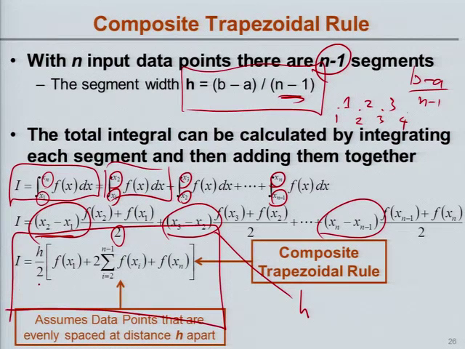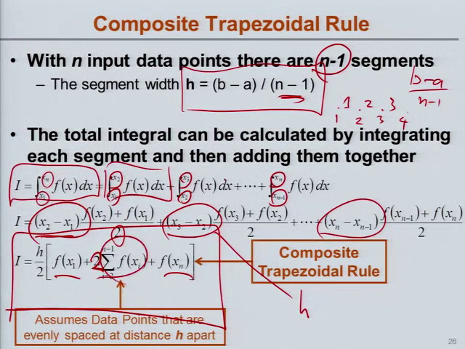The trapezoidal rule estimate of an integral where we have n points, and h is the step size, which is b minus a divided by n minus 1, is just equal to h on 2 multiplied by, okay, let's have a look at this: the function value at the very first point, the function value at the very last point, plus twice the sum of the function values in the middle.